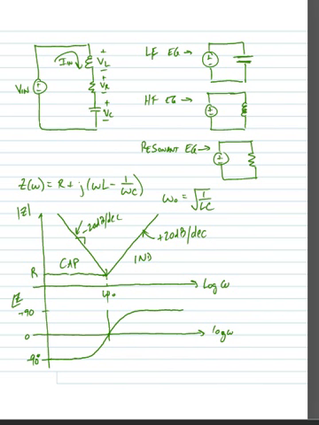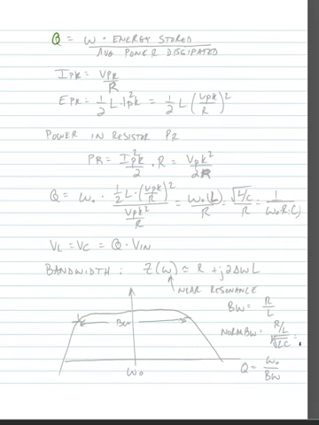Now, the math for finding these quantities is very similar. So we're going to look for quality factor. And remember, Q is equal to omega times the energy stored divided by the average power dissipated per cycle.